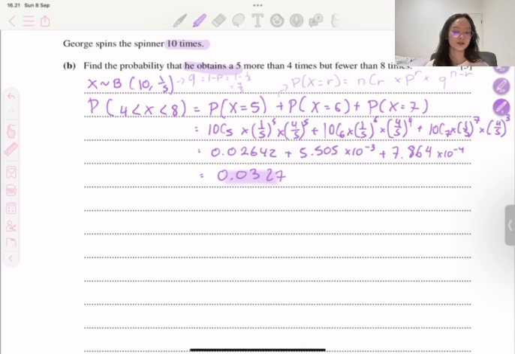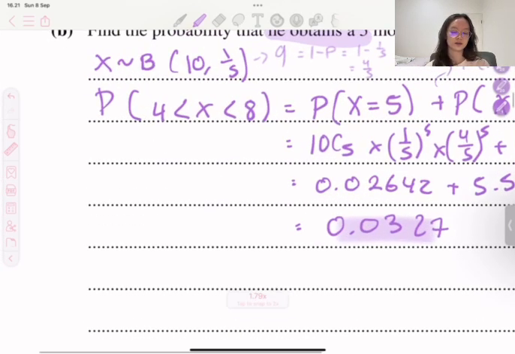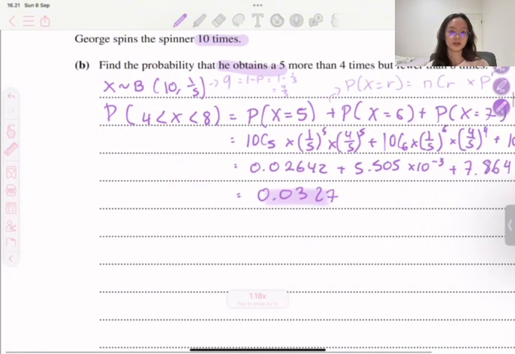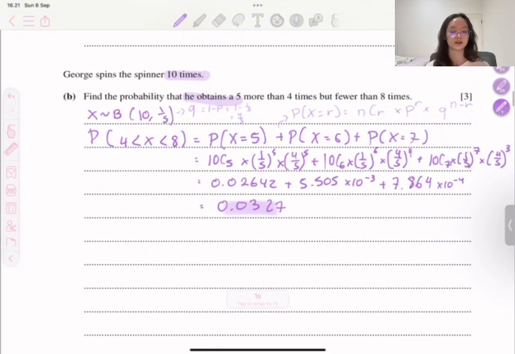So here we want to find the probability that x is greater than 4 but less than 8. We want the probability that he obtains a 5 for the numbers between 4 and 8, excluding 4 and 8 because there is no equal sign.